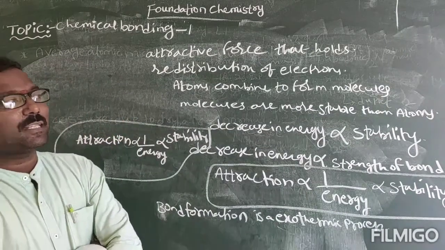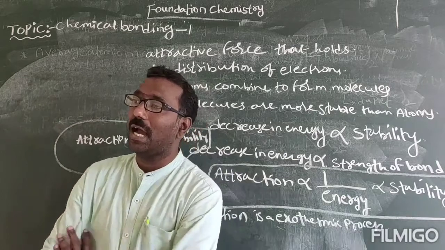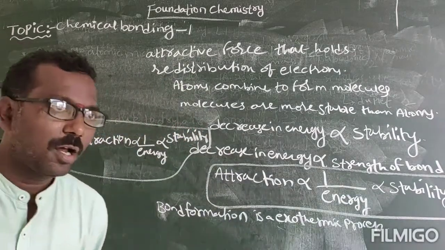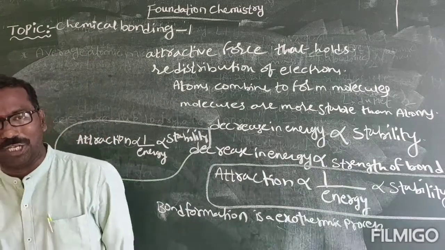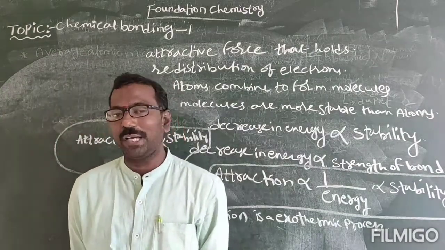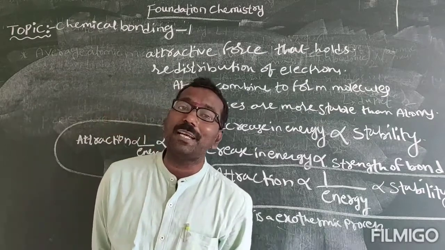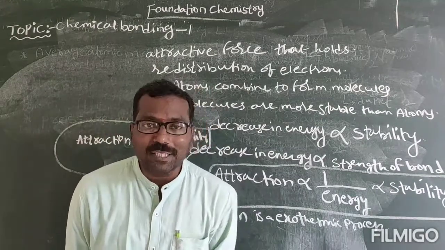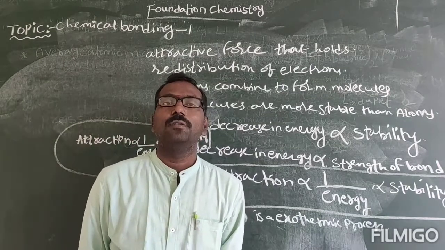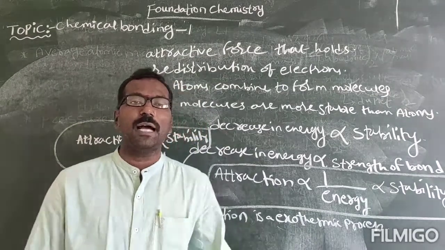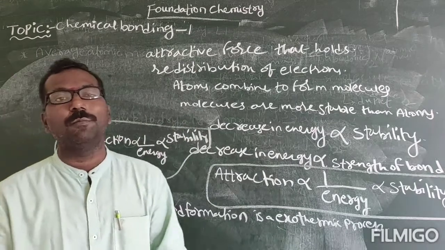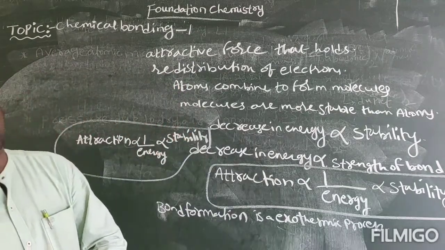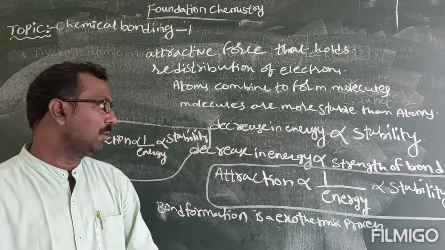Lewis said that elements having 8 electrons in their valency shell are stable in nature, that is octet configuration. So any atom tries to attain 8 electrons in its valency shell. During that, it will undergo some redistribution process. That redistribution process we are calling chemical bonding.